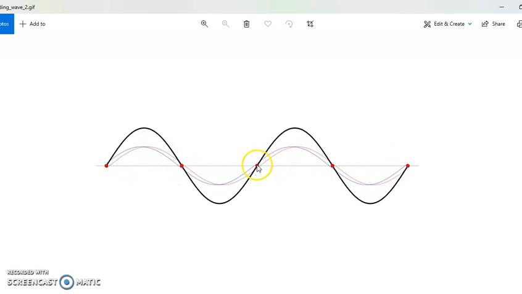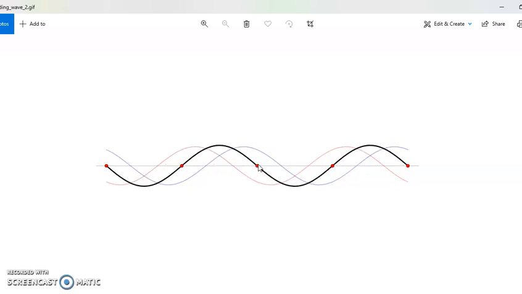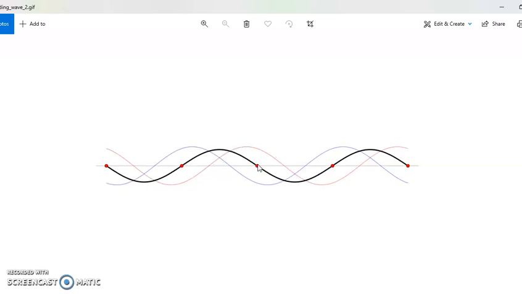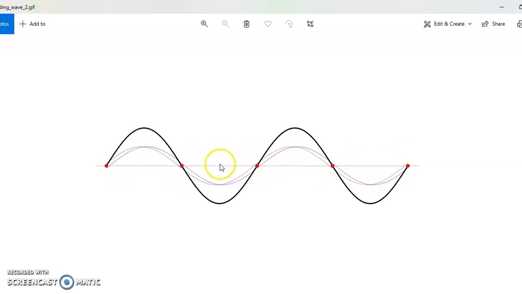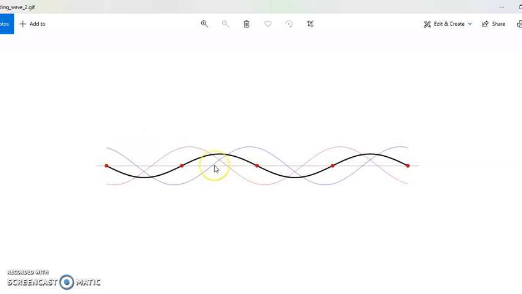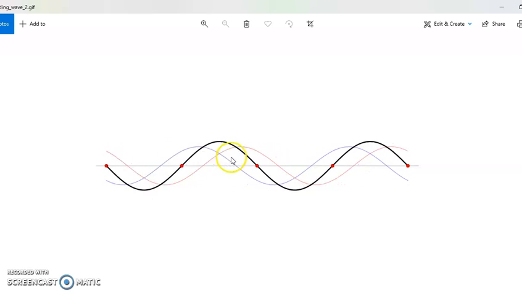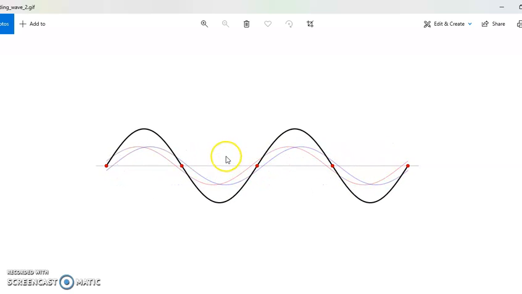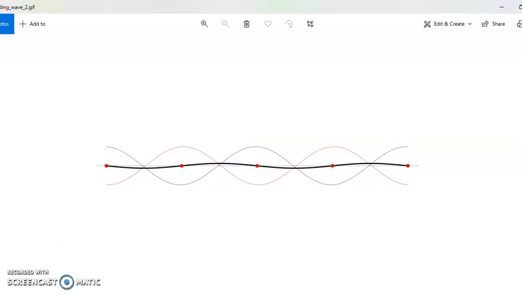We cannot see it traveling because it is just the resultant of two voltage waves. One is traveling from source to load, another is traveling from load to source. So this is a standing wave. If it is a voltage, then it is a voltage standing wave.